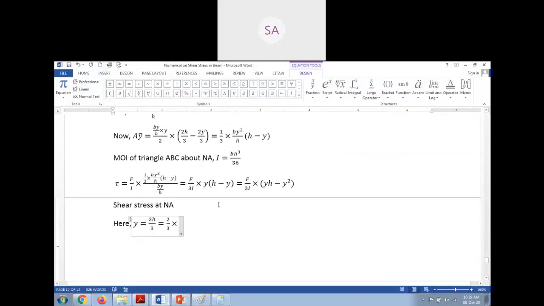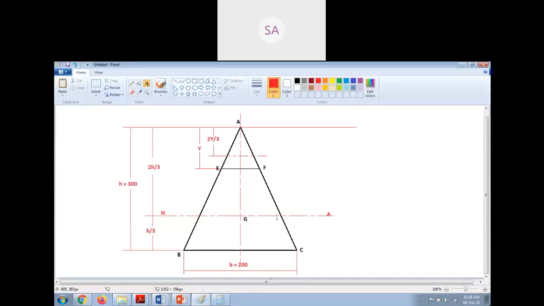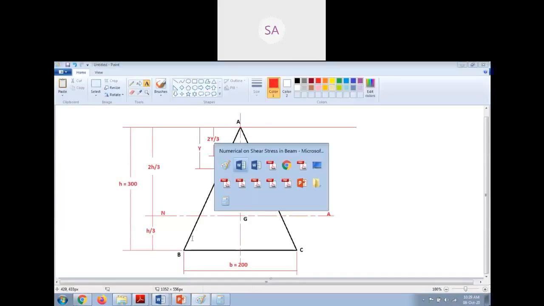H is 300. So this 3 gets cancelled, 2 into 100, so it will be 200 mm. So the neutral axis from the apex is at 200 mm.